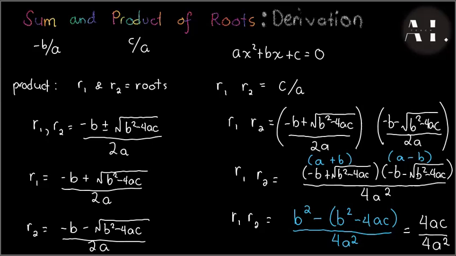Then our expression can be simplified as c over a. Therefore, the sum of the roots r sub 1 plus r sub 2 is given by the formula negative b over a, and the product is given by c over a.